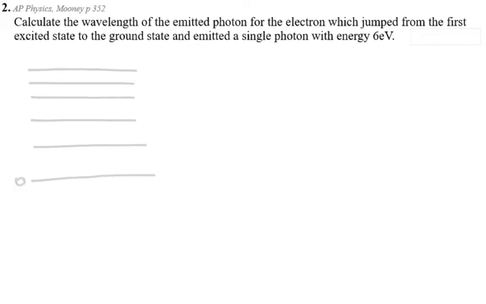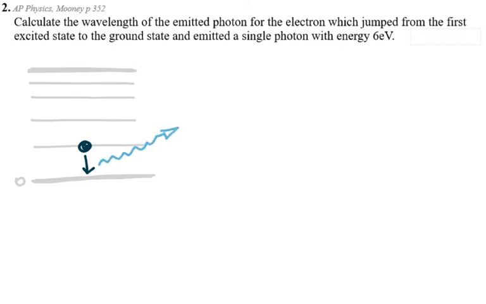The last state is where the electron is the most excited, and after that state the electron can be emitted from the surface, and the ground state is the relaxed state where the electron is relaxed. So if you have an electron in the first state and it jumped from the first state to the ground state, it loses energy, and it loses the energy in terms of the photon.